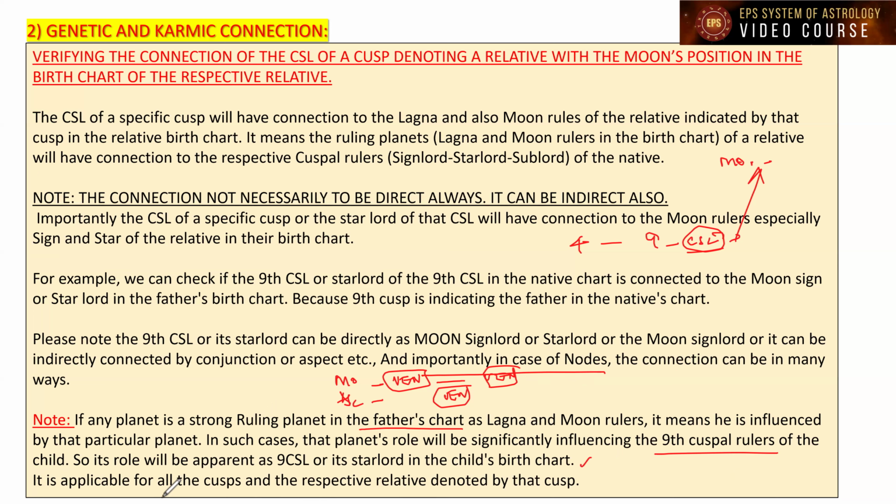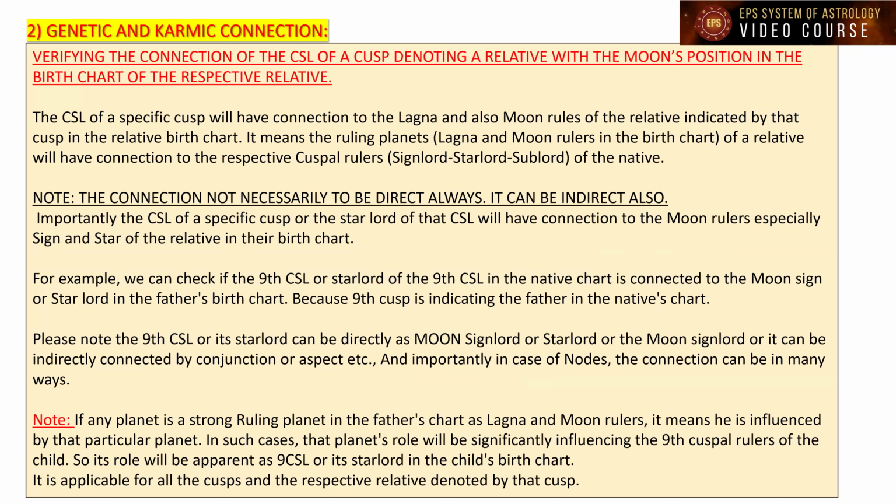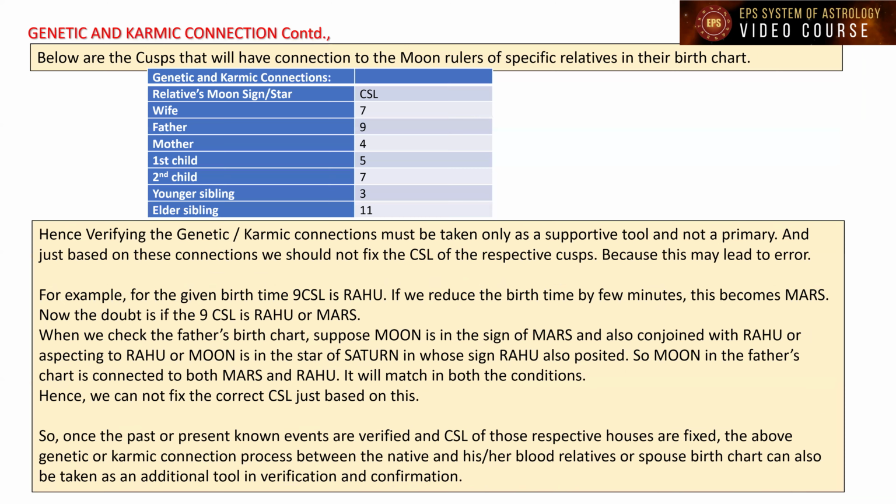It is applicable for all the cusps and the respective relatives denoted by the cusp. I think you're able to understand. It means, directly or indirectly, the planets denoting the particular relative in the native chart will have a connection to the ruling planets in the respective relative's birth chart, especially the moon position, moon sign lord or star lord.